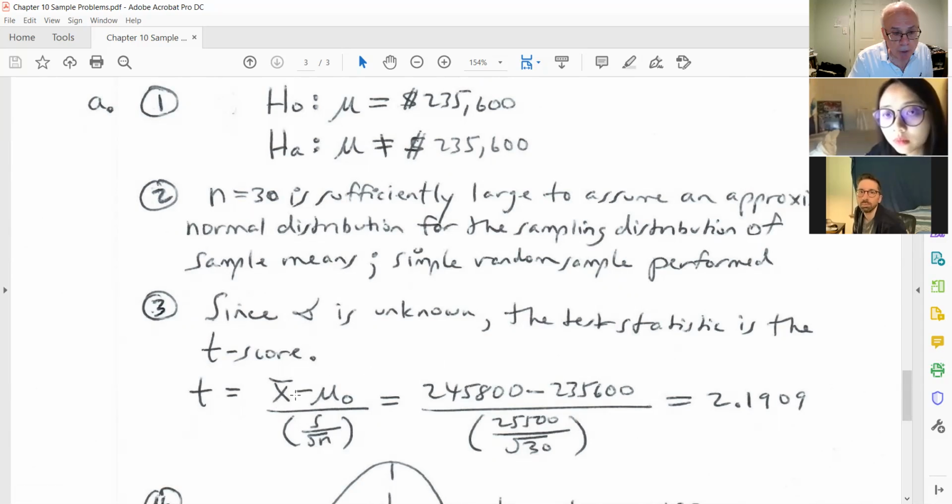The numerator is the sample mean minus the proposed population mean, which is the null population mean, divided by the standard error, which is the sample standard deviation divided by the square root of the sample size. You do the arithmetic, and you come up with 2.109 as your t statistic, or t-score.